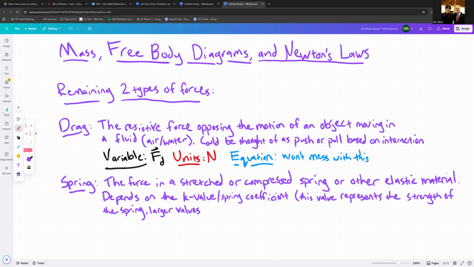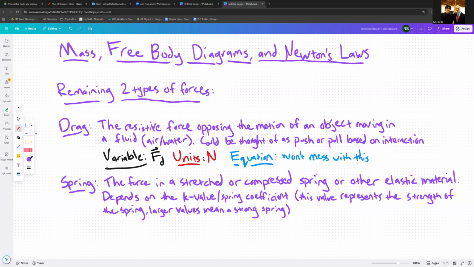So if your K value is super, super big, you've got an insanely strong spring. If your K value is really small, you've got a very weak spring. So I'd picture like the shock absorber springs on a massive semi truck or train or something like that. There are these huge springs. Those are going to have a really big K value.